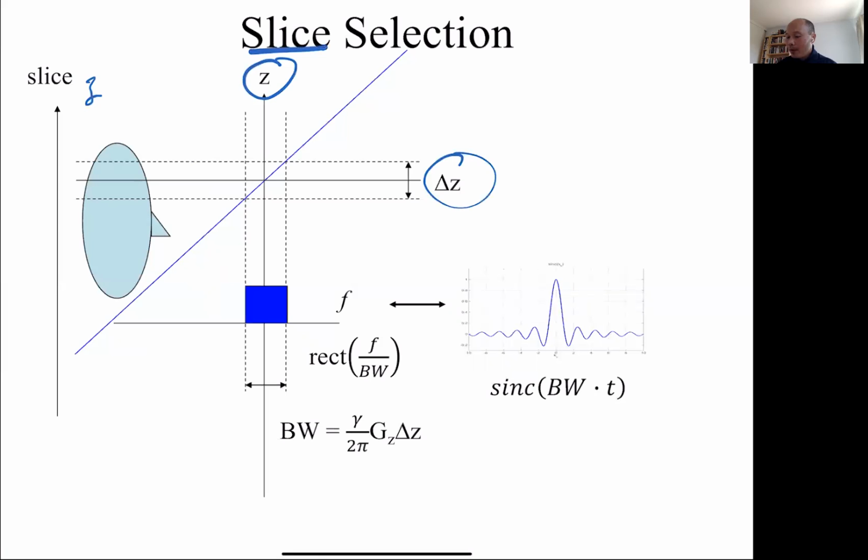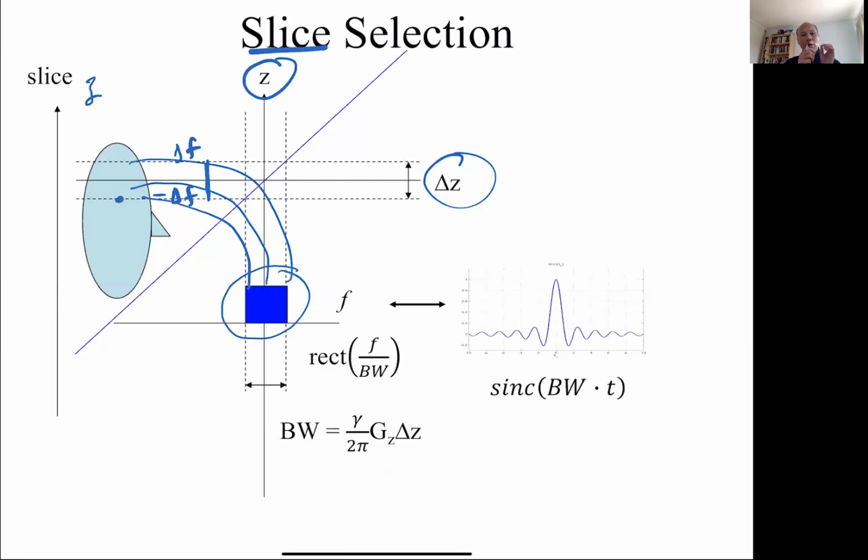The way we do that is to have an RF pulse that only has frequencies within that band. So this slice here is at minus delta F, and this is at delta F. So I have some range of frequencies here that I want to excite. I want a pulse that has a frequency for this spin, and a frequency for that spin.